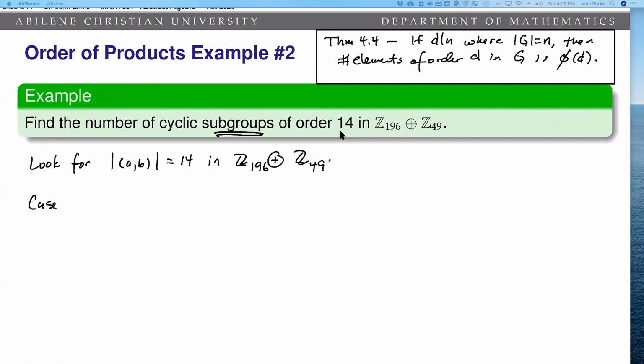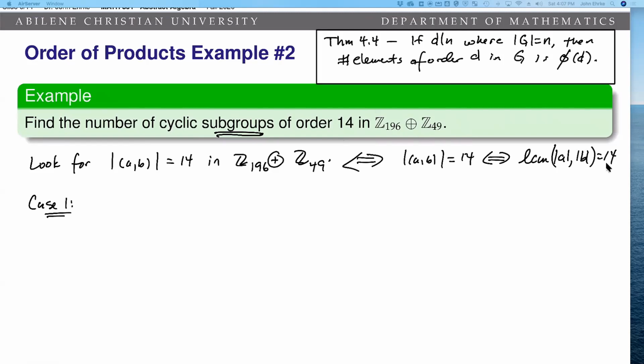So let's see, case 1, because I know that whatever this element (a, b) is going to be, it having order 14 is the same thing as saying the least common multiple of the order of a and the order of b is 14, by the previous result. So I'm looking for possible combinations of elements in Z196 and Z49 whose least common multiple is 14 in terms of their orders.